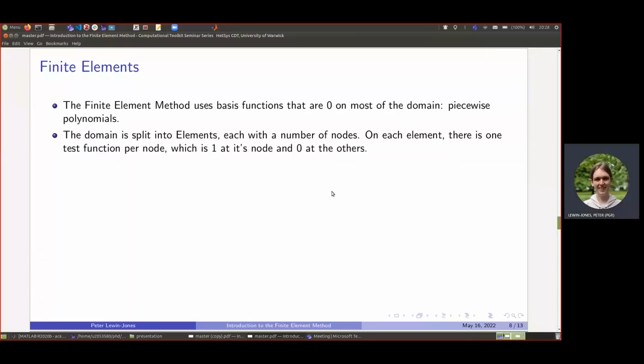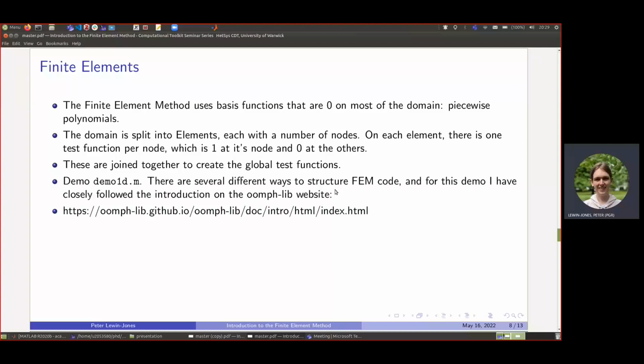So the domain is split into elements, each with a number of nodes, which are just points in our domain X. And then on each element, we have one test function per node, where that test function is 1 at its particular node and it's 0 at all the other nodes. And then these are joined together to create global test functions.